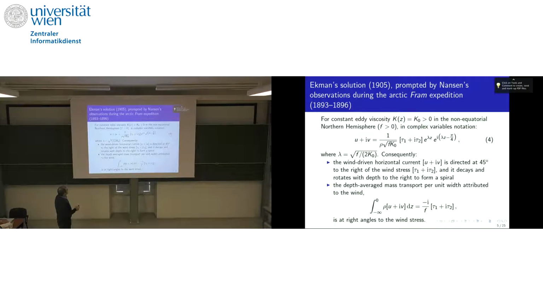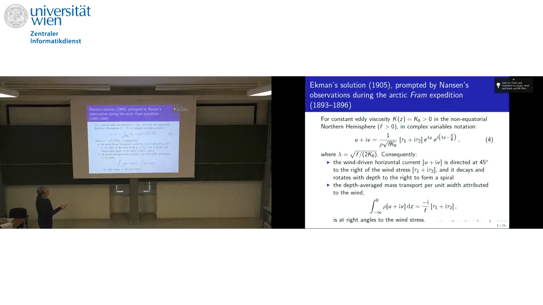This is in the northern hemisphere, because I take f positive. In the southern hemisphere, the direction is changed with respect to the wind. So the surface current is deflected by pi over 4, by 45 degrees.